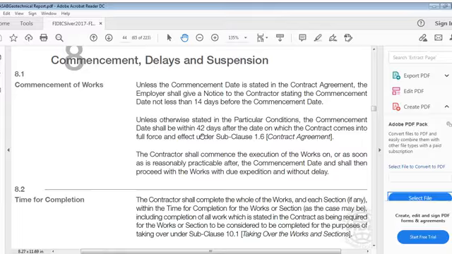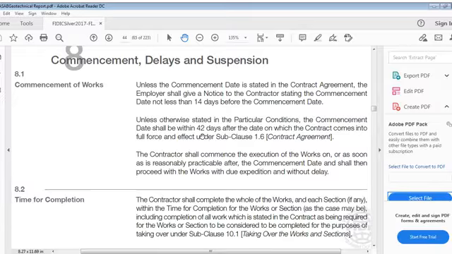See, per day damage imposition is very easy, but control of works is not easy. When I am talking of commencement delays and suspension articles of laws, we have to think at that time that you cannot simply say, I attack the contractor. The question of attack does not arise.